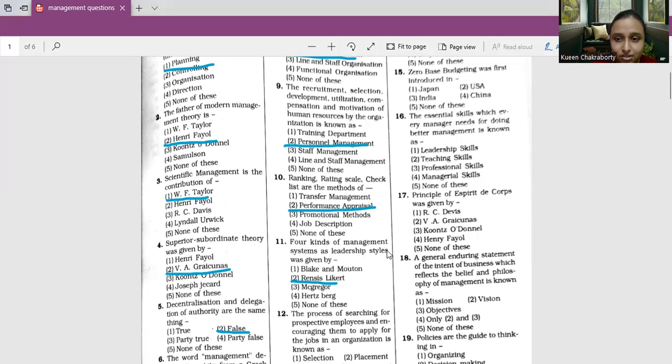Okay, I'm coming to the next answer. From the answer only, you will be able to understand. Zero-based budgeting came from the agricultural department.